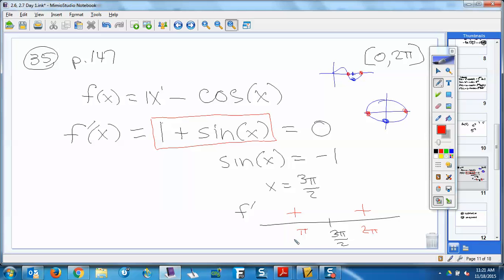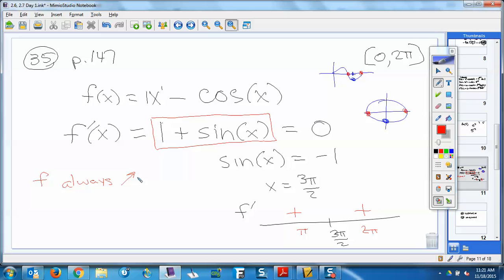Well, what did this number line tell us? F is always increasing. So where does its lowest point have to be? At the left edge, which is x equals 0. And its biggest value at pi. They said from 0 to pi in this problem, right? So at pi.